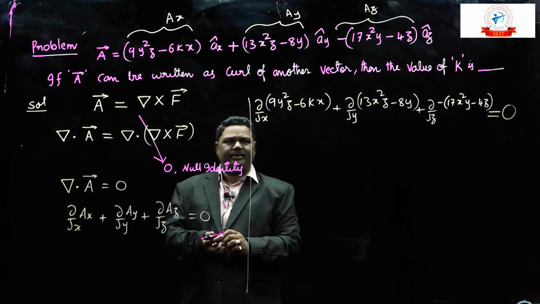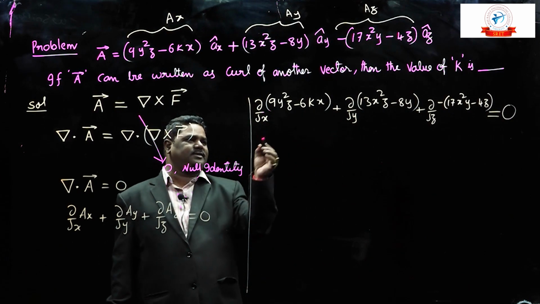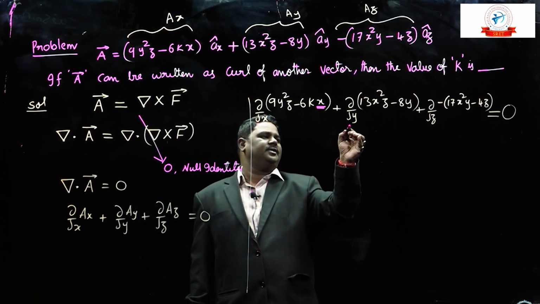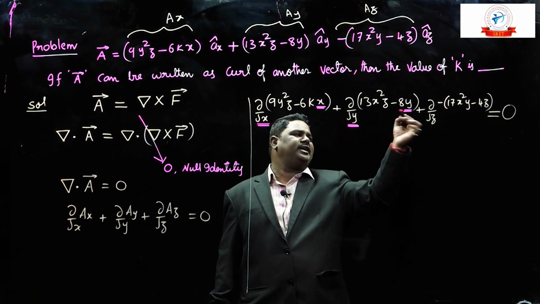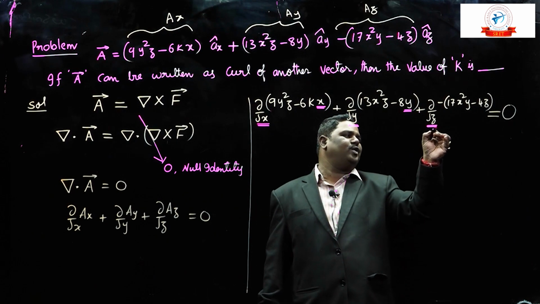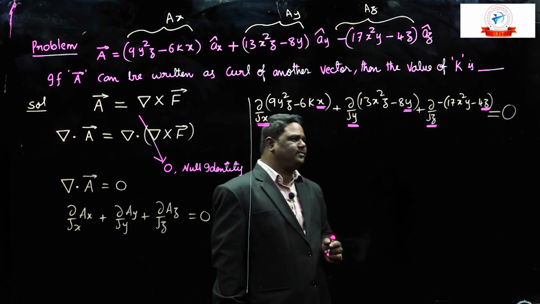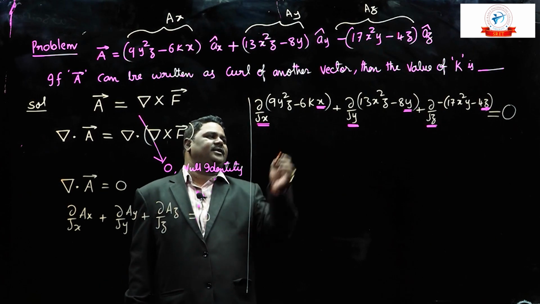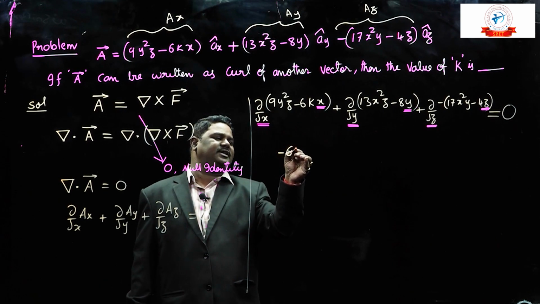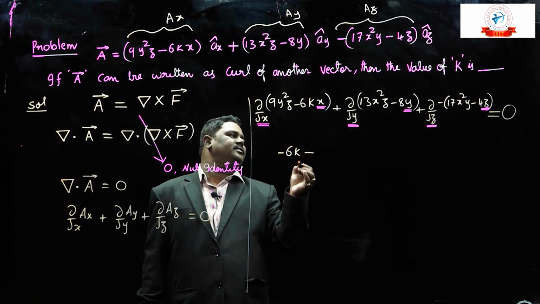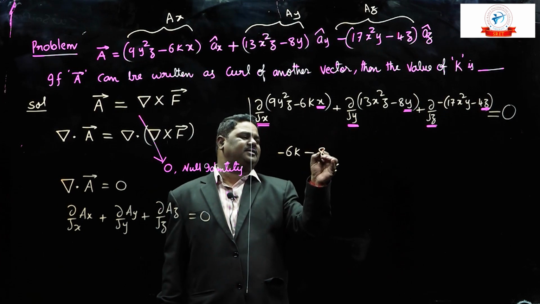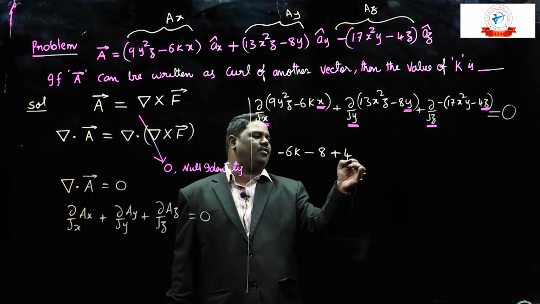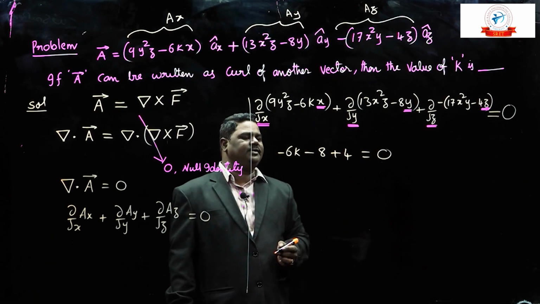Now you know that all are partial differentiations in this equation. Dou by dou x differentiates only the x term, dou by dou y differentiates only the y term, and dou by dou z differentiates only the z term. Differentiation on the remaining terms will be equal to 0. So we get minus 6k, minus 8, and plus 4, which is equal to 0.